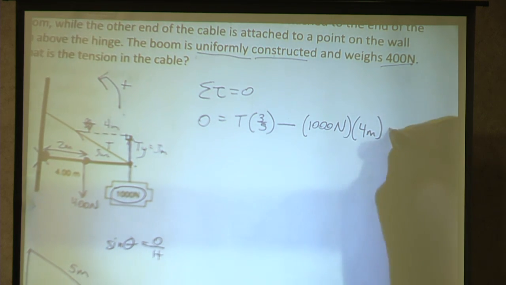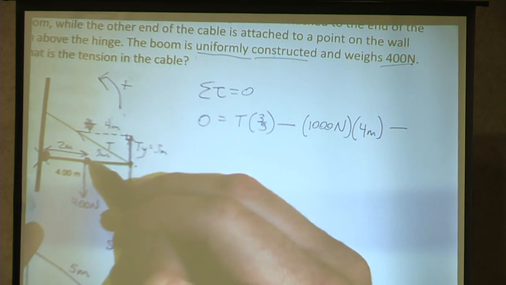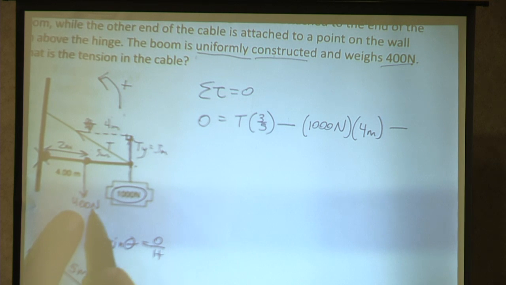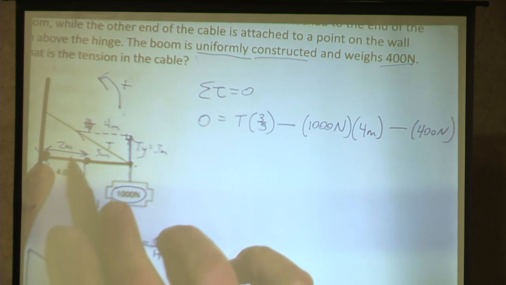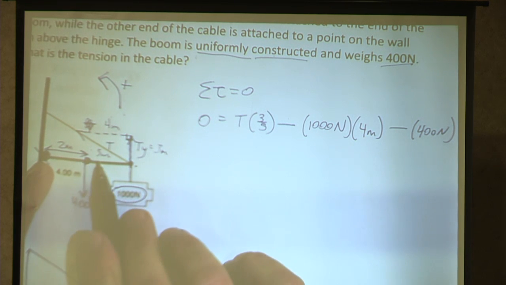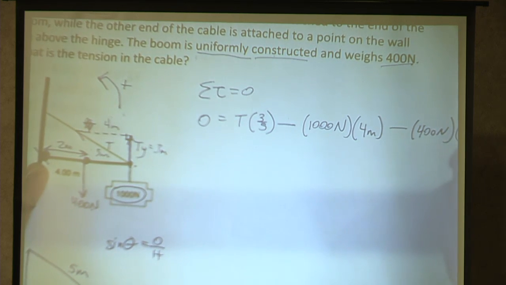The other thing that's making it go downward is the weight of the boom itself. So we know that the boom weighs 400 newtons, and that occurs at that halfway point because it's uniformly constructed. So that distance will be 2 meters.